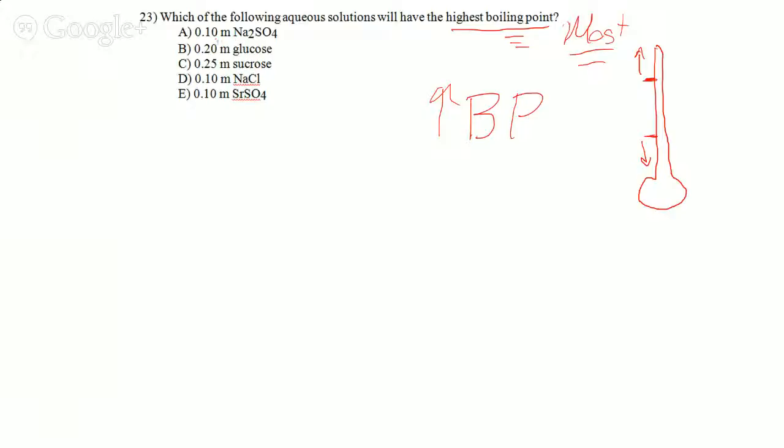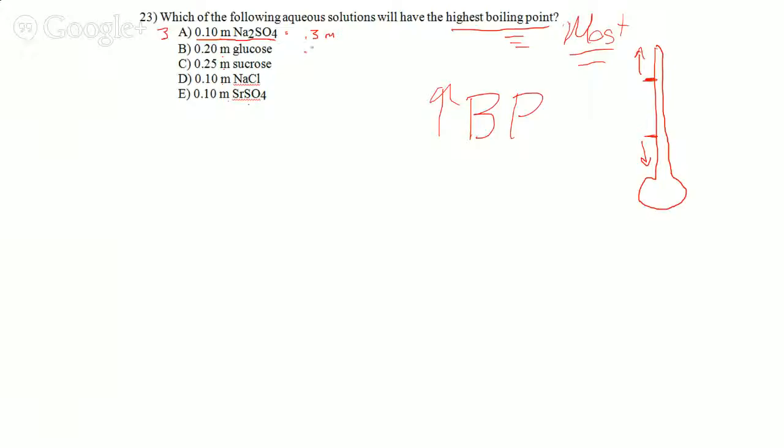Well, they give us the concentrations and they also tell us what it is. Remember from the other problem, we have to look at how many particles it breaks up into. Na2SO4 is going to break up into 3 particles. So if it's 0.1 for the whole thing, you times that by 3, and you'd really have 0.3 mole of particles.